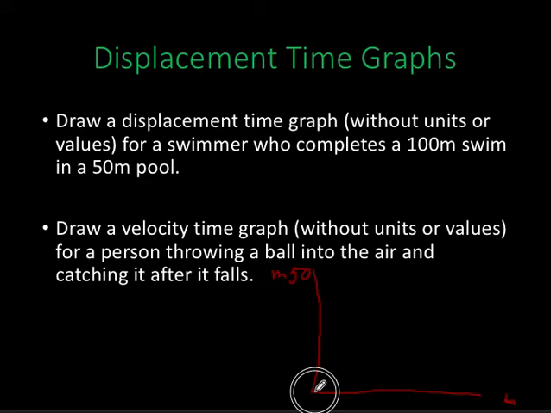The swimmer starts at the bottom here, and with consistent speed, swims to the end of the 50-meter pool, takes a second or two to do a little tumble turn, and then comes back to the starting position to finish his or her race. So your displacement time graph for this swimmer should look something like this.